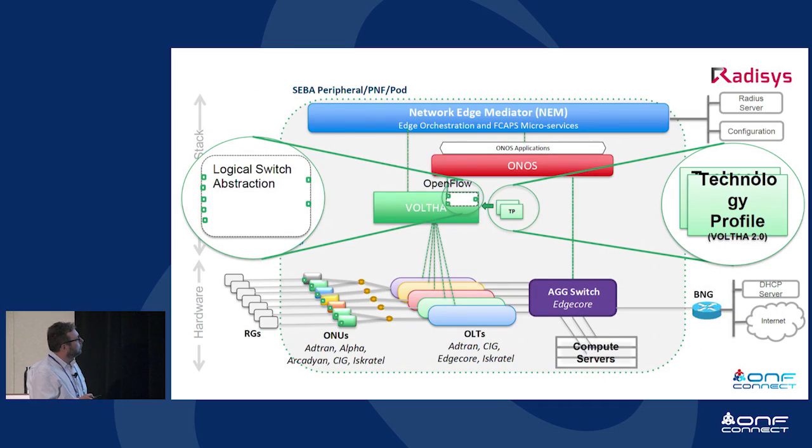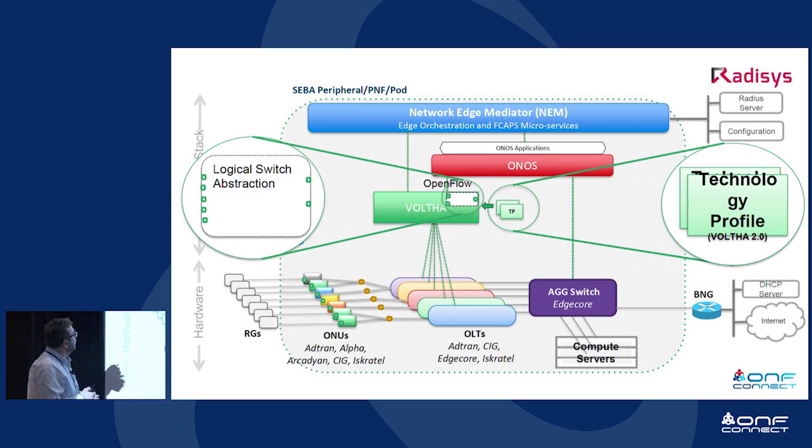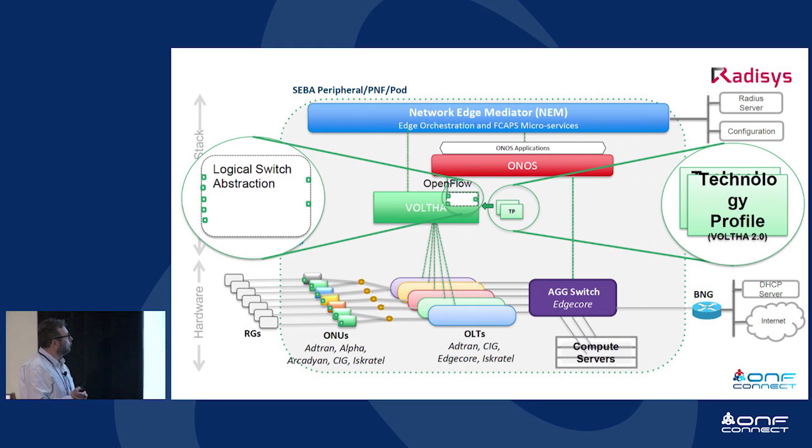If we take a look in detail at Volta, we see that it has this logical switch abstraction. Again, each of the uniports, as they're discovered, are added as interfaces to this logical switch. And the OLT itself has NNI ports that are added.